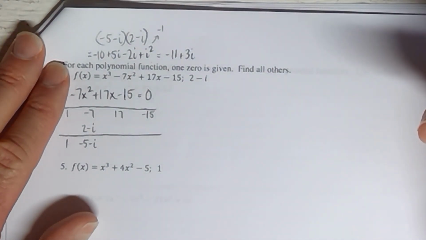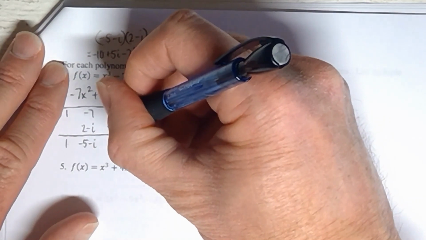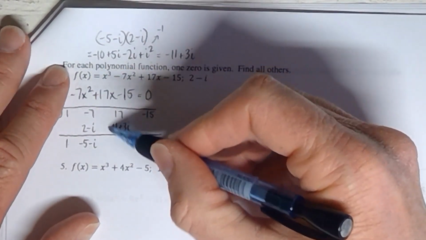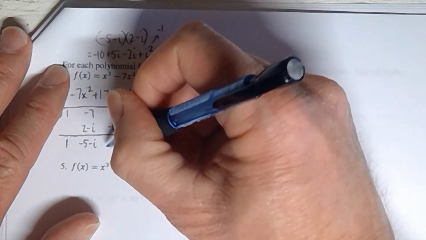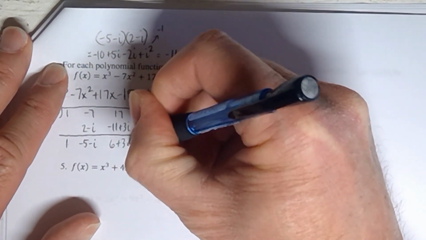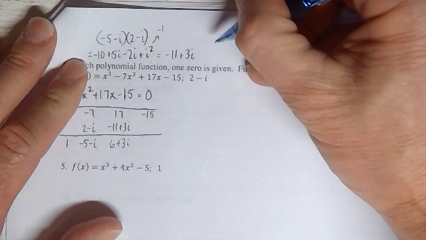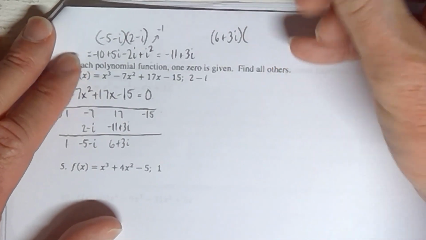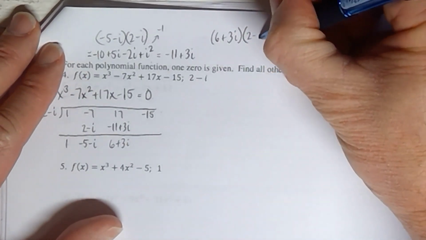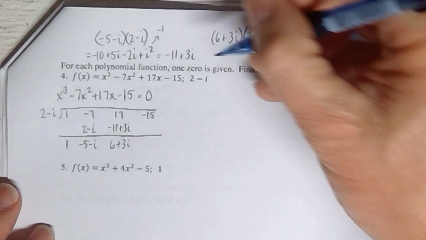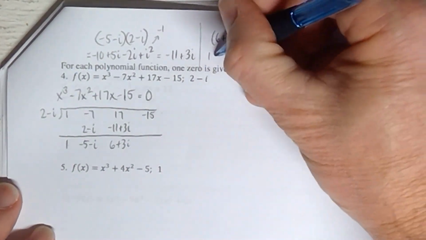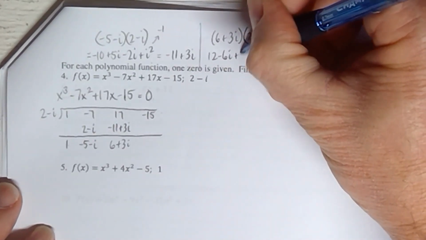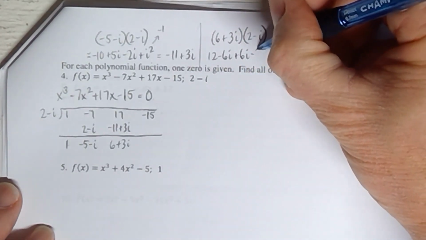Now, bring that right here. Combine like terms since you have to add these together, and you get 6 plus 3i. And let's do that whole thing over again where I now do 6 plus 3i times 2 minus i on the outside. And we end up getting what? We get 12 minus 6i plus 6i minus 3i squared.